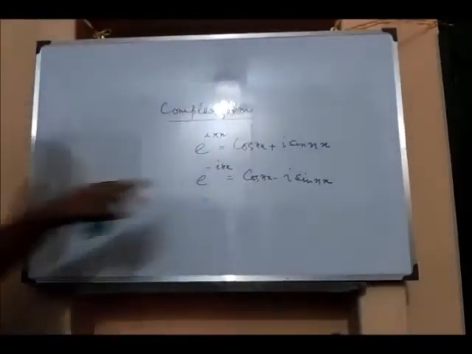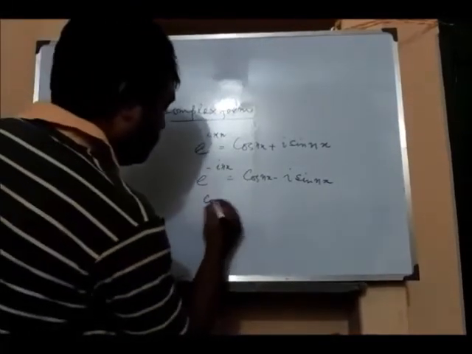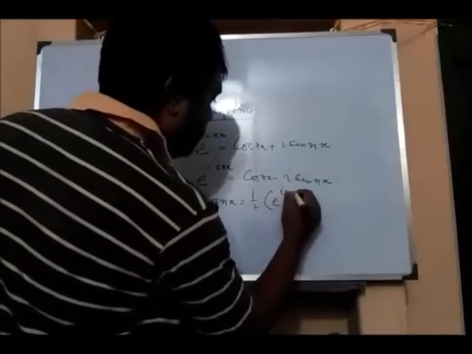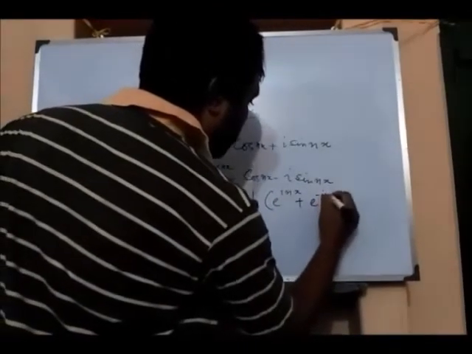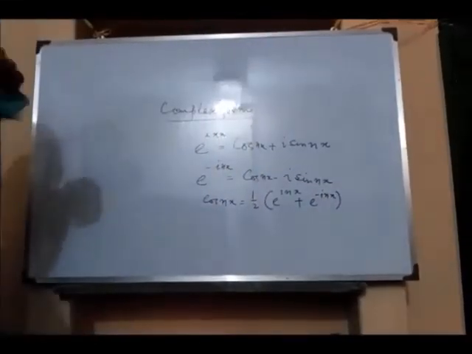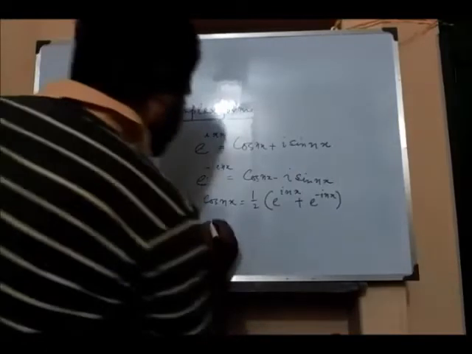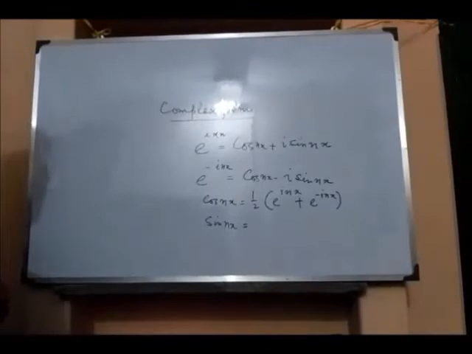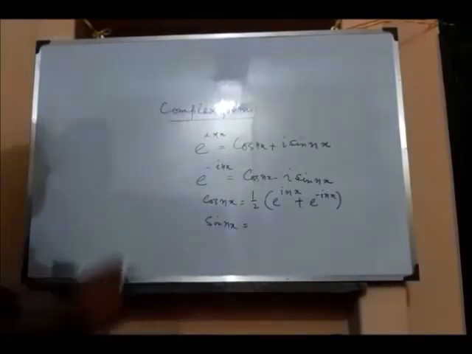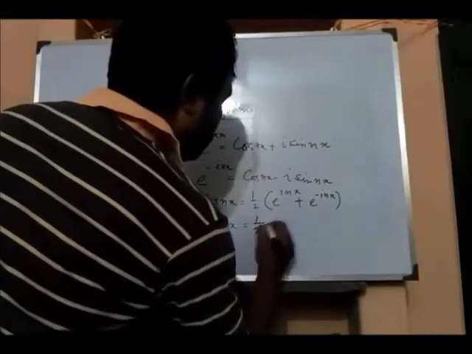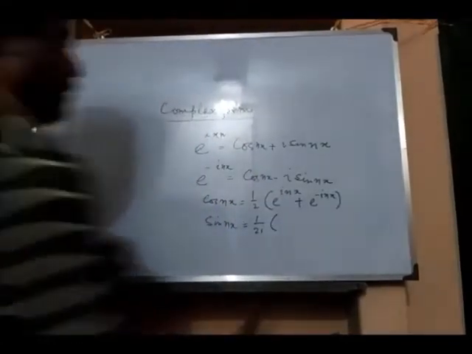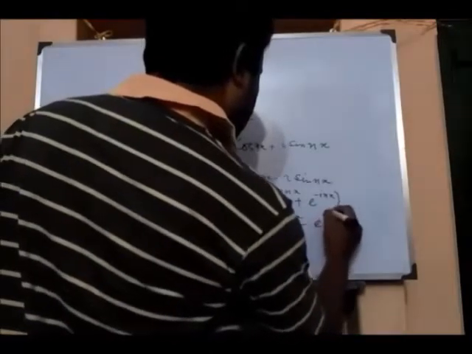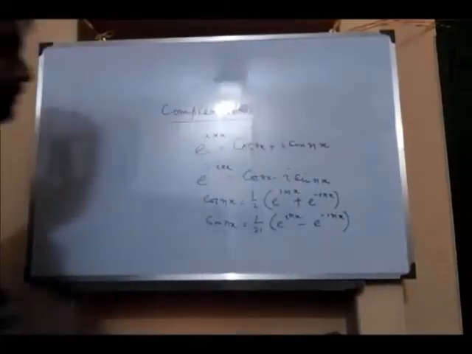So the cos function, I can write cos nx equal to half of e to the power i nx plus e to the power minus i nx, and sin nx on the other side can be written as 1 by twice i, e to the power i nx minus e to the power minus i nx, right?